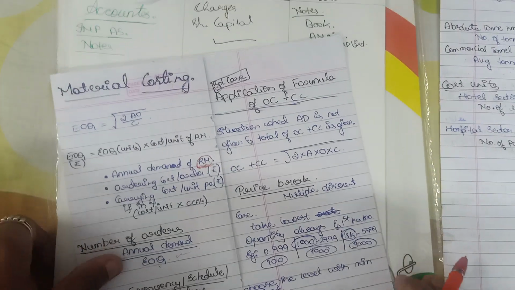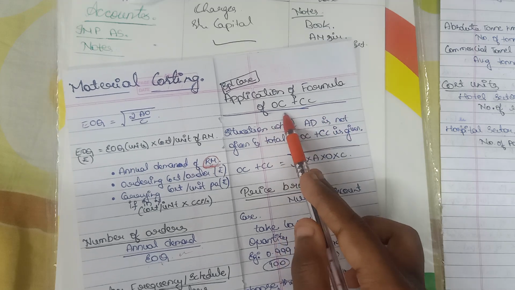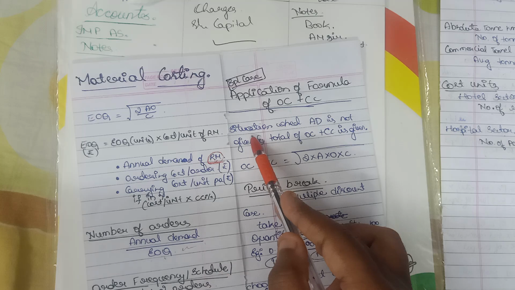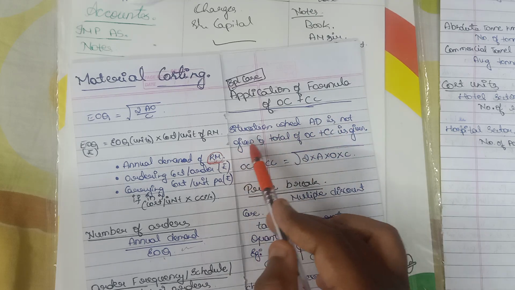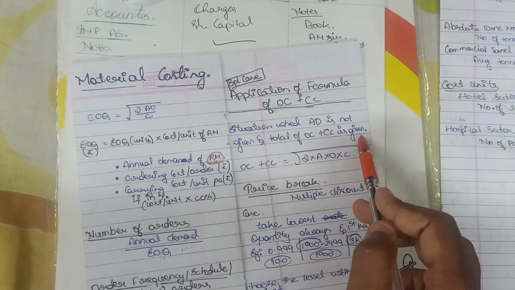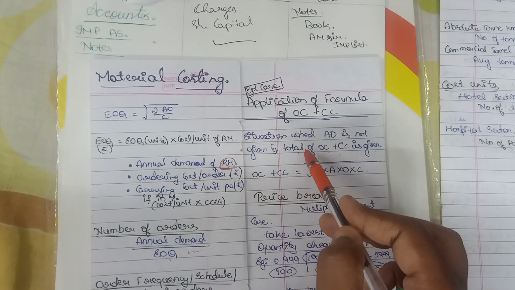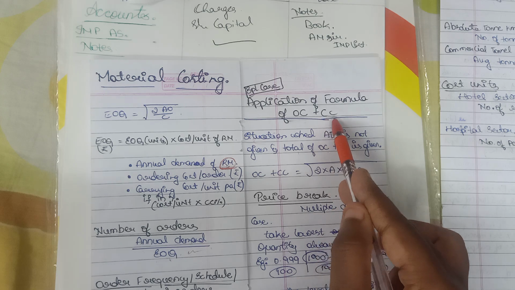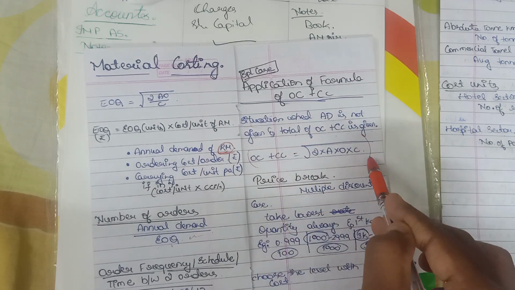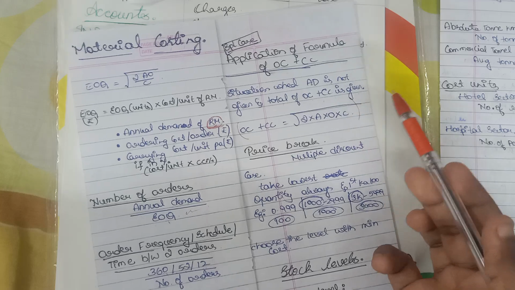Here the special case is application of formula of ordering cost plus carrying cost. Situation when annual demand is not given and total of ordering cost plus carrying cost is given. In this case, where only OC and CC is given, when annual demand is not given, we'll be using this formula to find out annual demand.